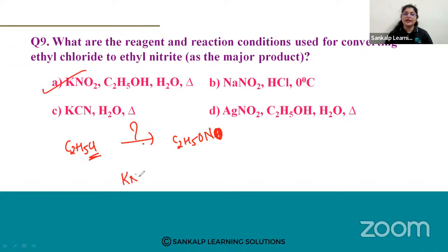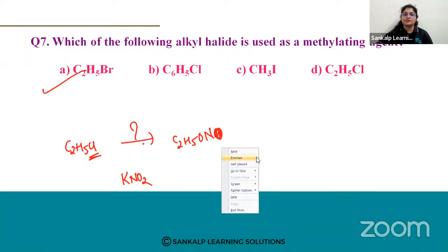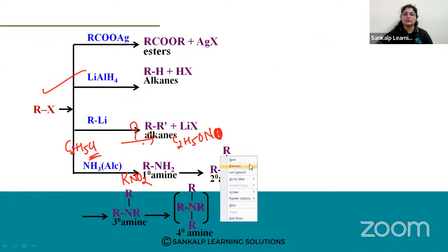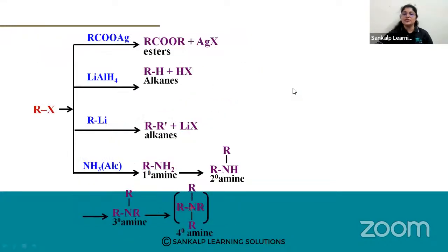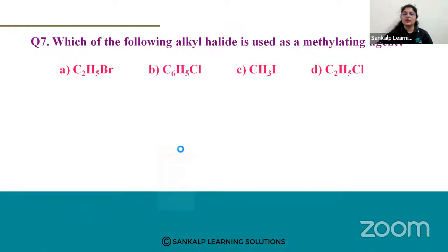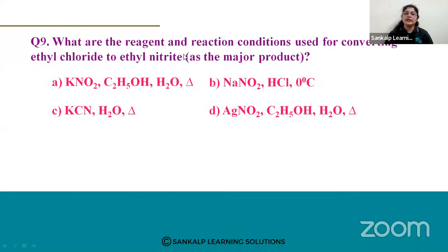Potassium nitrite. Wait, I'll show you. Here you can see at the last, alcoholic KNO2. From alkyl halide, it is converted to nitrite. So which is the correct answer? Among the following options, where is KNO2?